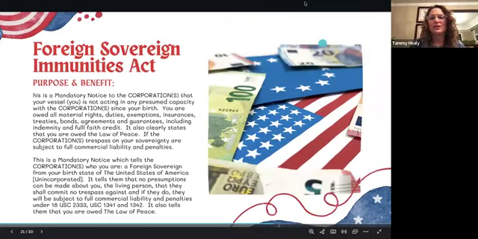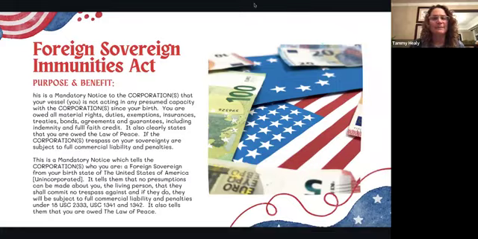All right, moving on to the Foreign Sovereign Immunities Act, okay? The purpose and benefit of this document is a mandatory notice to the corporations that your vessel, which is you, is not acting in any presumed capacity with the corporations since your birth.